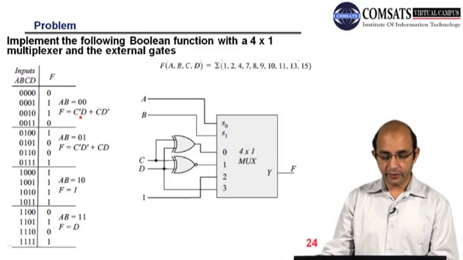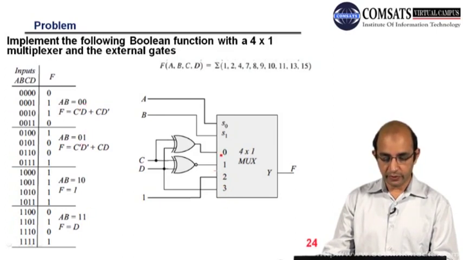So first we have C bar D bar and C D bar, and this is C D bar and C bar D, and this is the XNOR. Whenever we have 0 0, this is 0 1 2 3.